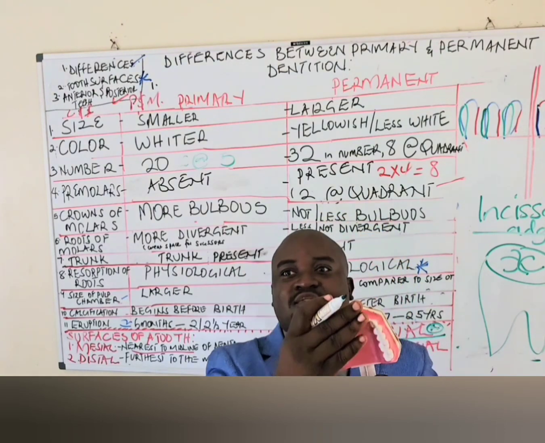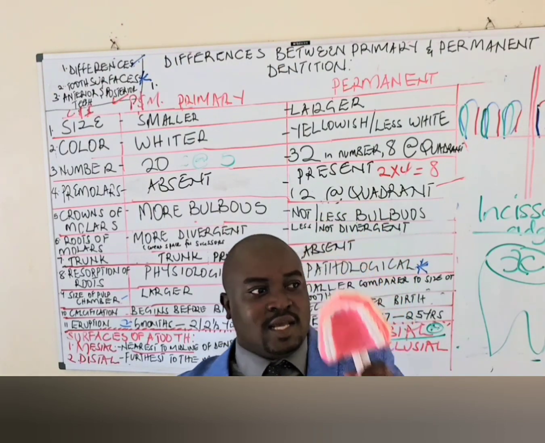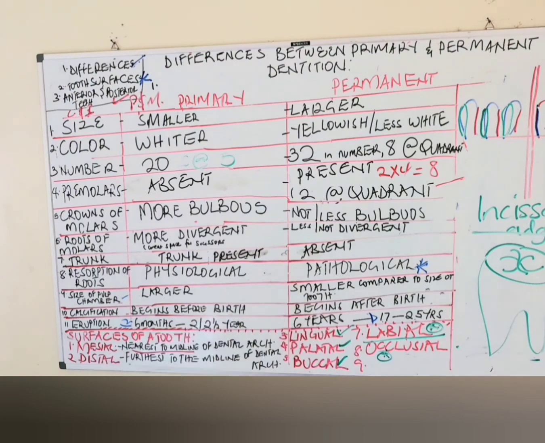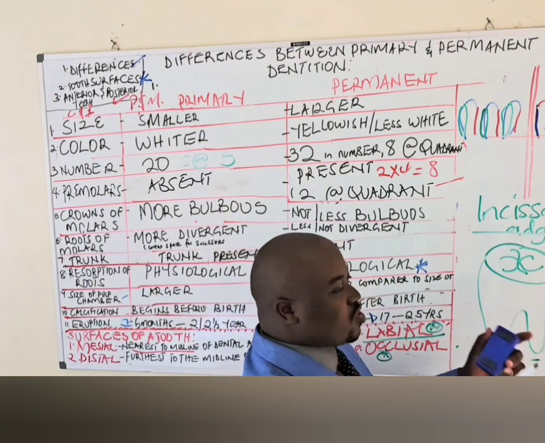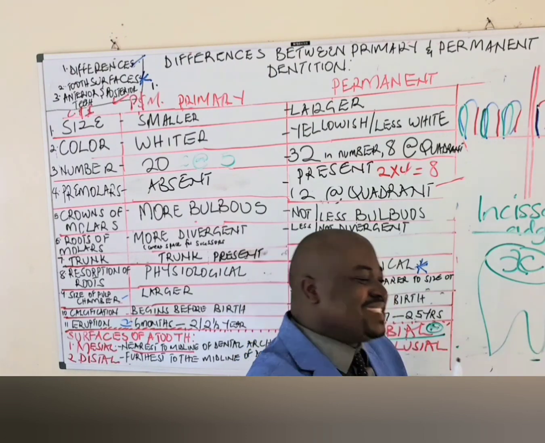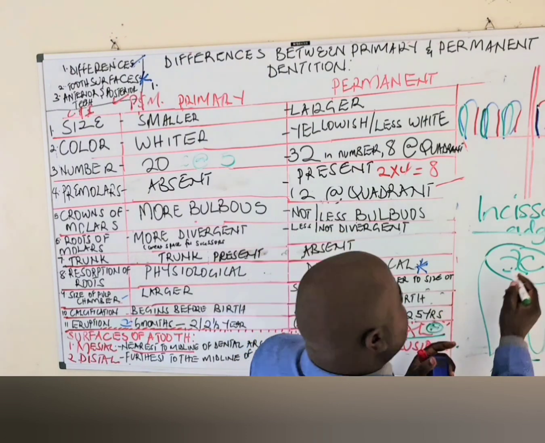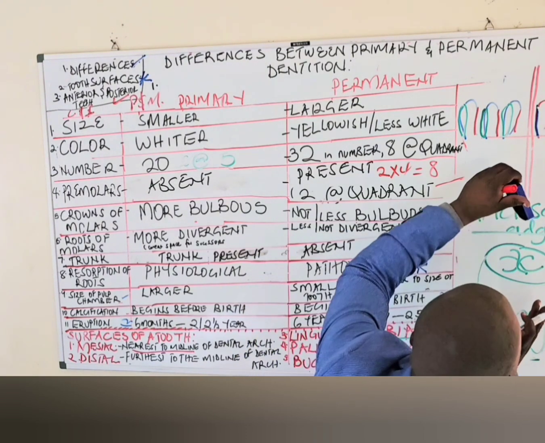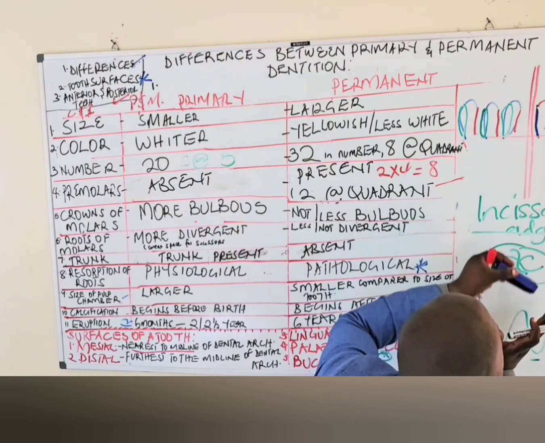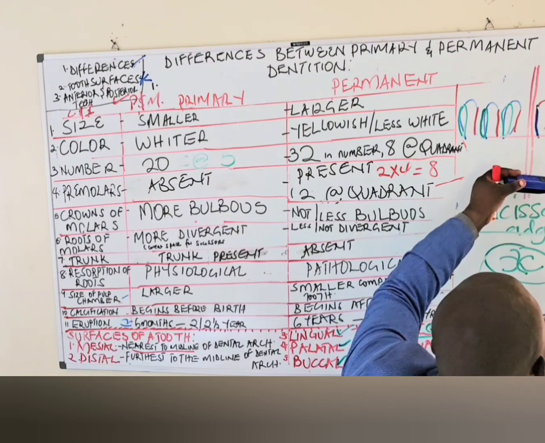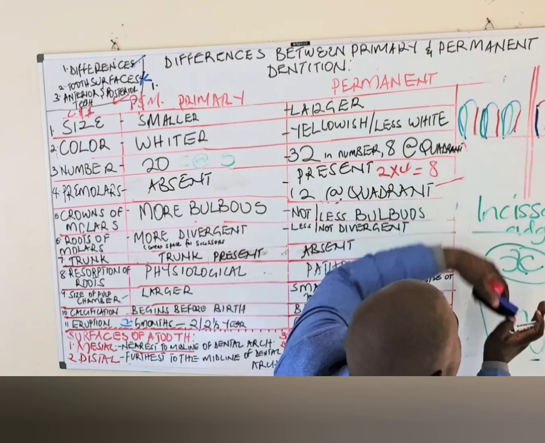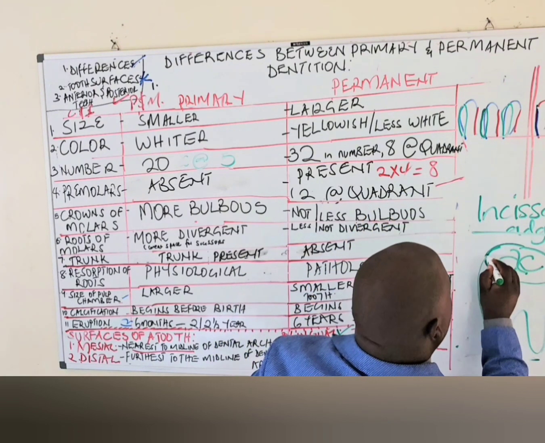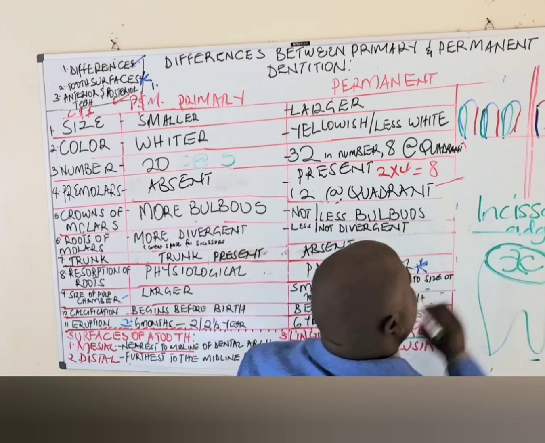Instead, they have incisor edge. But for these other teeth, they have what we call occlusal surface. Occlusal surface is a surface which grinds, where the upper tooth meets, or articulates with, the opposite tooth. This is the occlusal surface, the top part of a tooth.